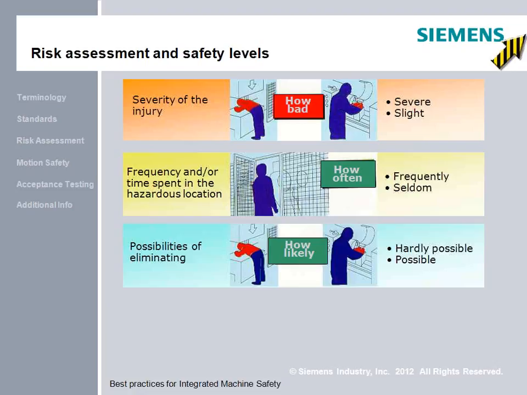If it's unexpected, or of such a nature that I can't avoid it, then that would make the possibility of eliminating it very unlikely. So three pieces are used to define the risk: the severity, the frequency, and the possibility of eliminating. And this is generally consistent across all the risk assessment methods.